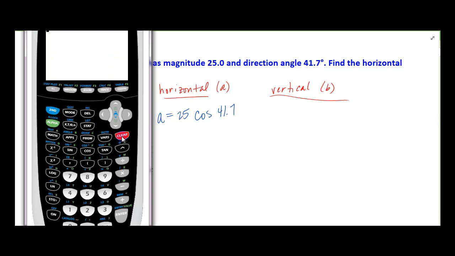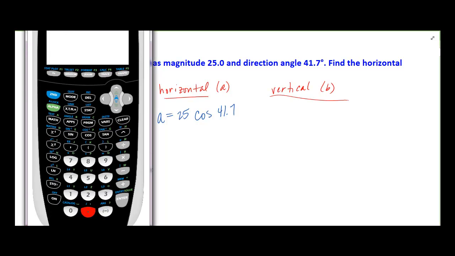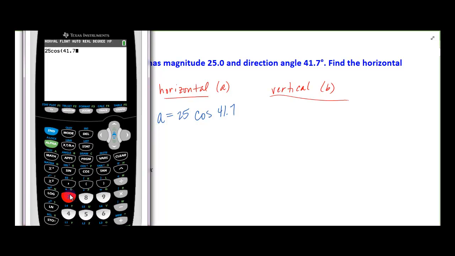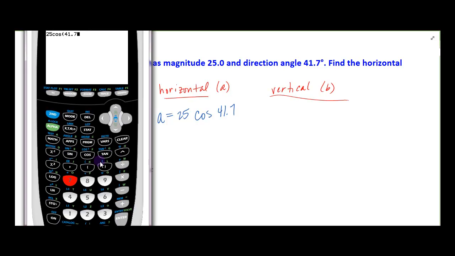So let's clear this out. We've got 25 times the cosine of 41.7. And hit enter. Now I am in degree mode because that's what I was in just a moment ago, and I know that we're doing degrees here, so I can find that the horizontal component is 18.7, and we're going to do a similar thing with the vertical component.